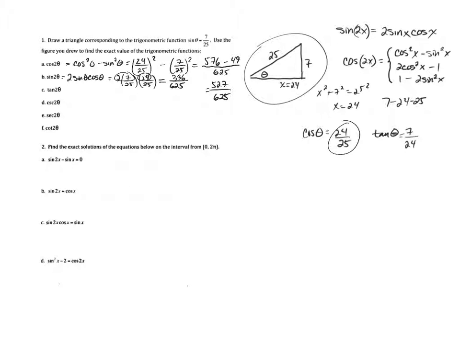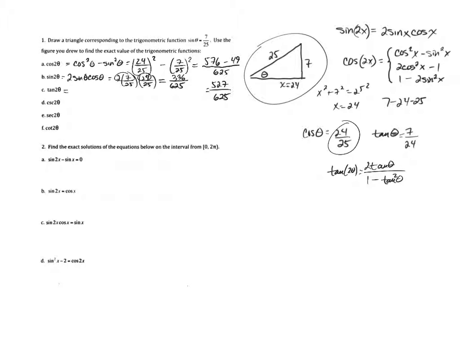And lastly, for the tangent of 2 theta, we can use our tangent of 2 theta formula, which is 2 tan theta over 1 minus tangent theta squared. That's the tangent of 2 theta.